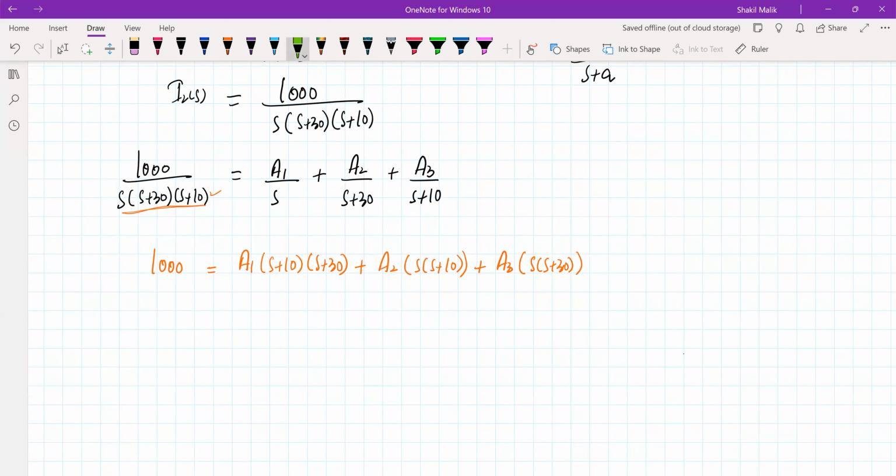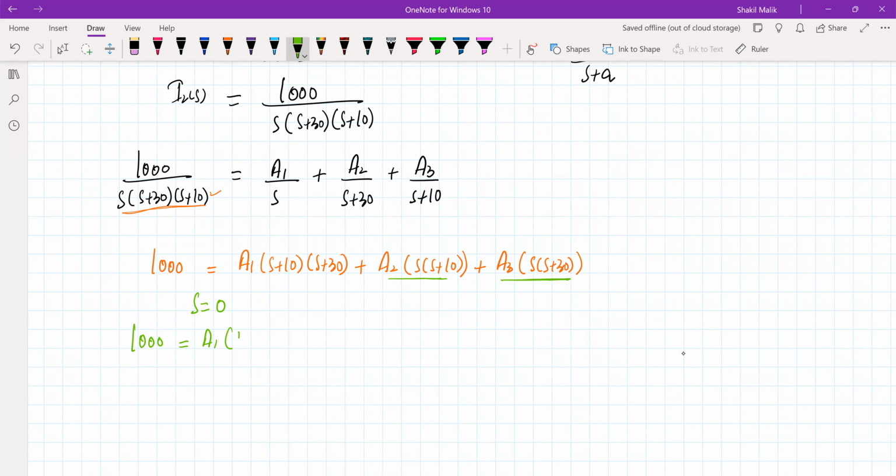To get the values of A1, A2, and A3, the procedure is very simple. I want to get rid of two terms. When will these two terms be equal to 0? If I put s equal to 0. So to get the value of A1, I will make these two terms equal to 0. If I put s equal to 0, on the left hand side I will have 1000.